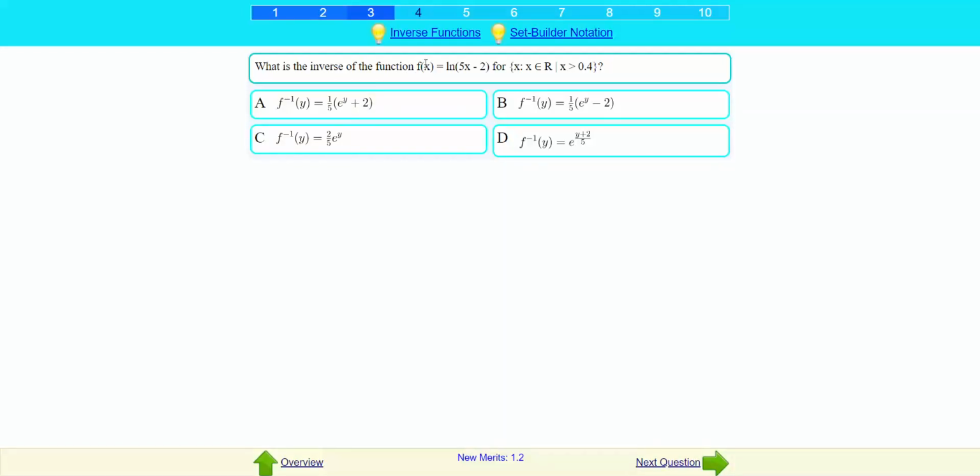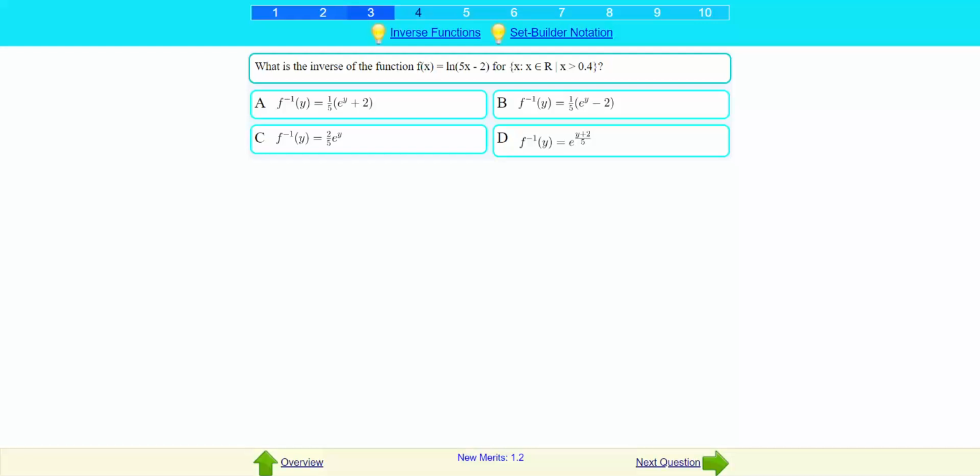What is the inverse of the function y equals ln of 5x minus 2? Now the inverse is exponential of x, where x is greater than or equal to 2.4. So we know the inverse of this is the exponential of x.